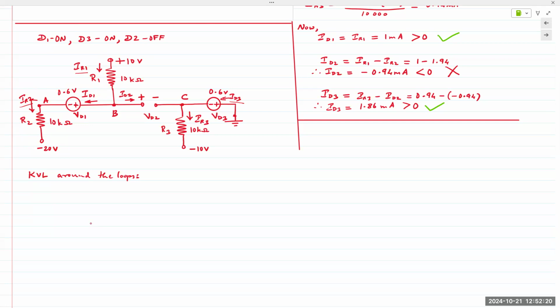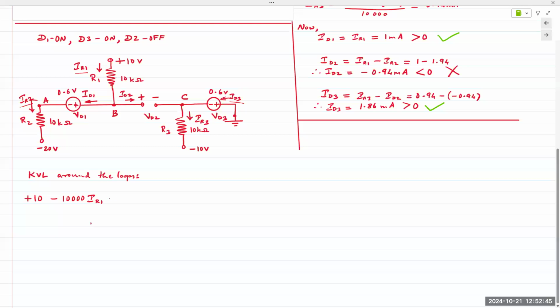We can write, from the top, it's plus 10 volts right here. Then there's a voltage drop caused by IR1 and R1, and so it will be minus 10,000 IR1, 10 kilo ohm.